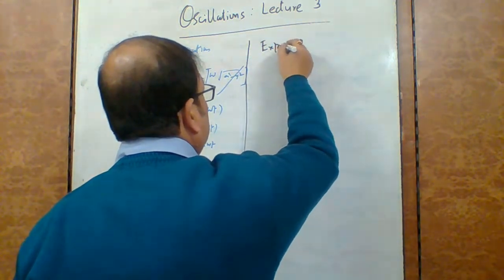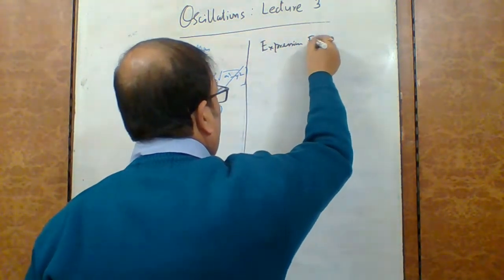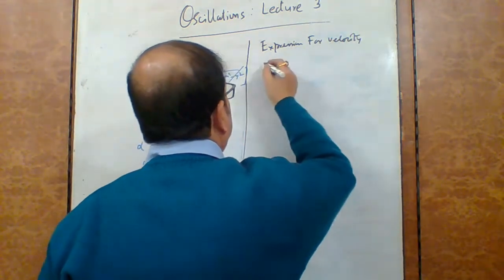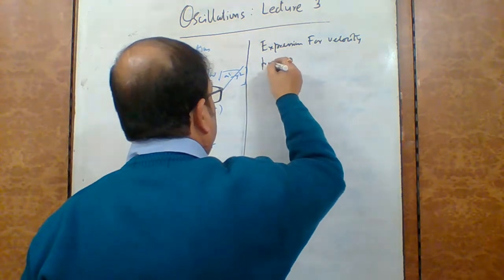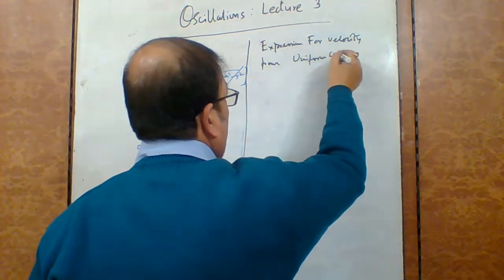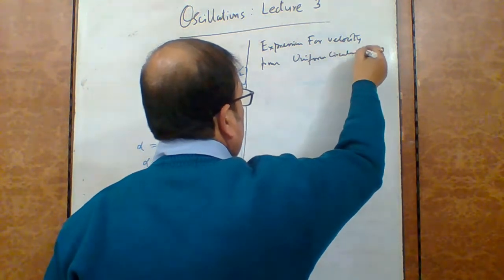Expression for velocity from uniform circular motion.